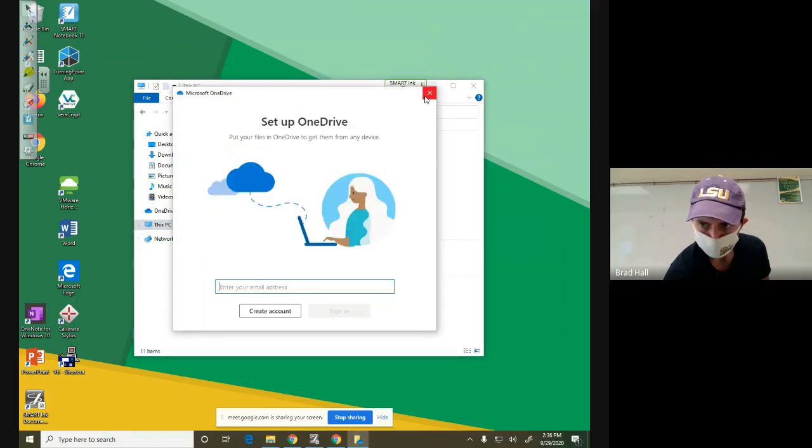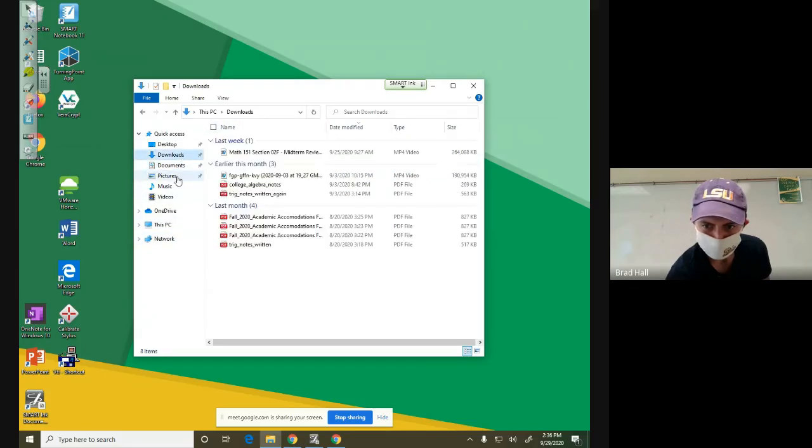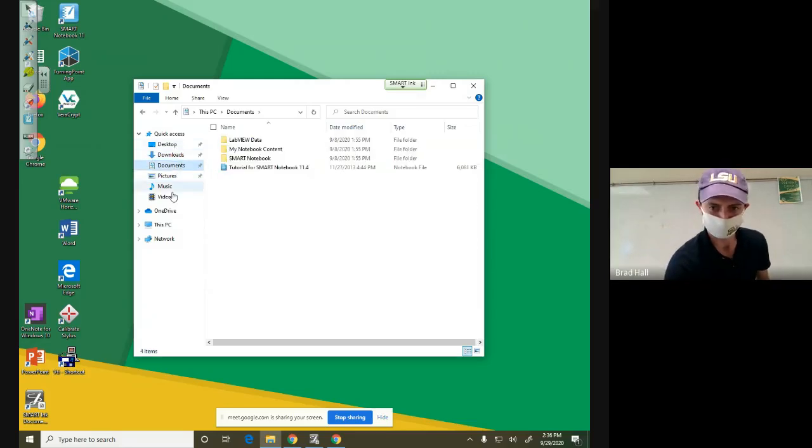I just need to figure out where I put the darn thing now. See, this is why you should not use a Windows computer. You should just stick to Linux.